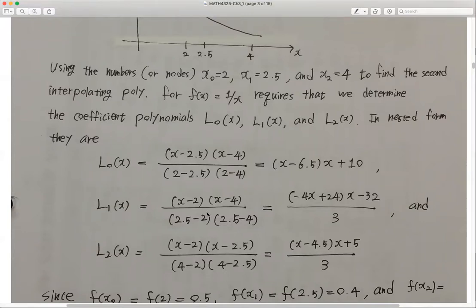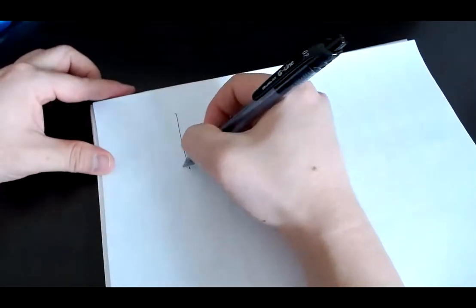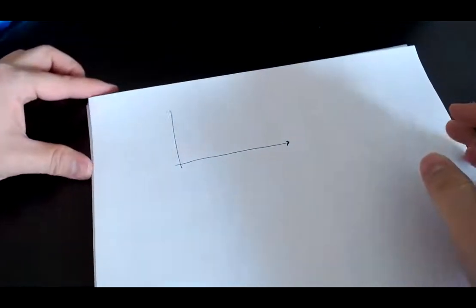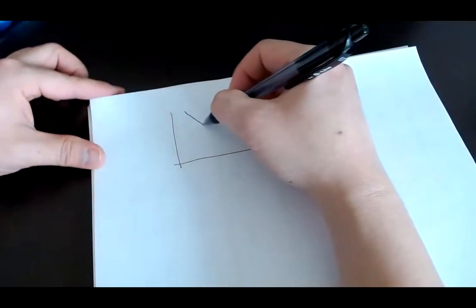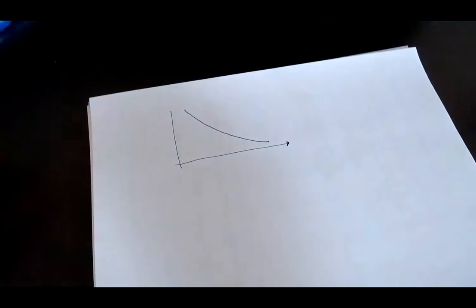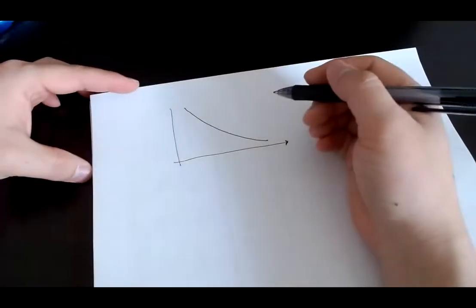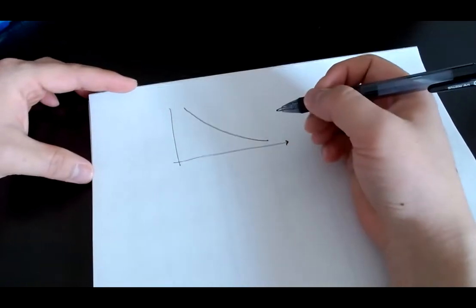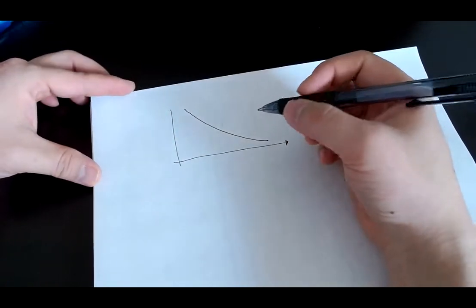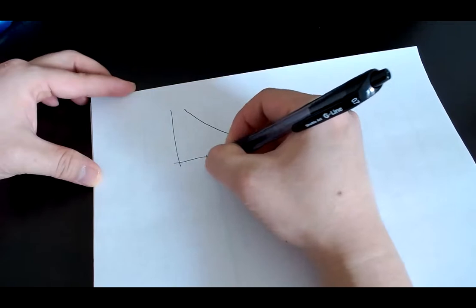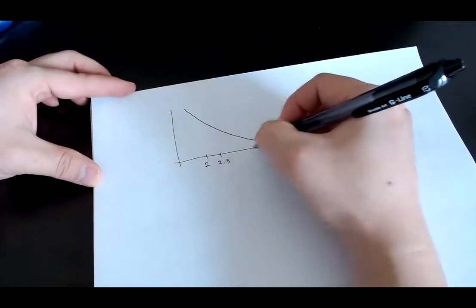But what does this interpolating polynomial look like? Let's figure that out. We're talking about the polynomial that passes through the 3 points, 2, 2.5, and 4.